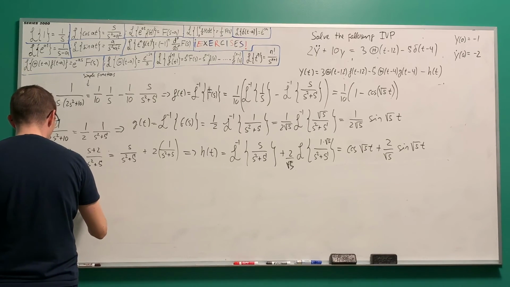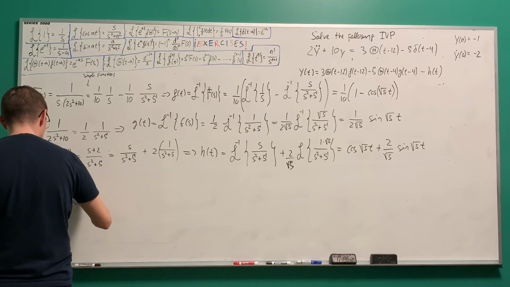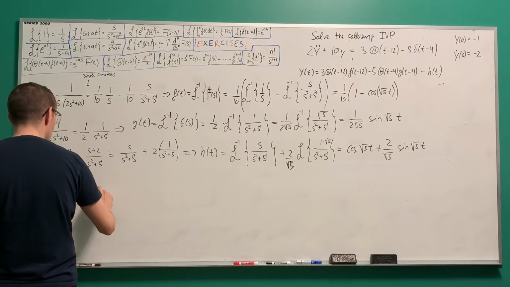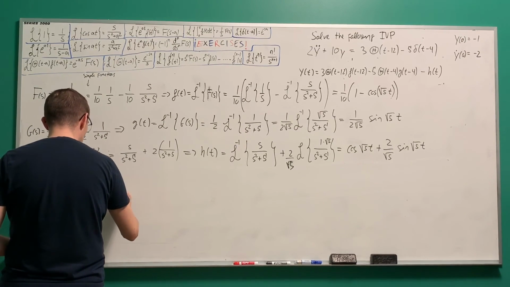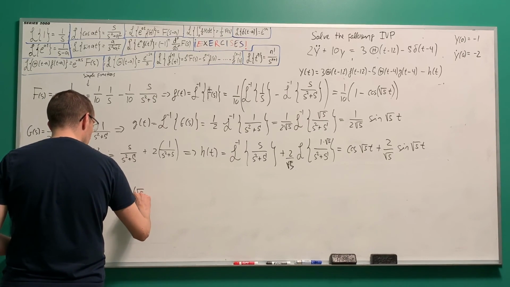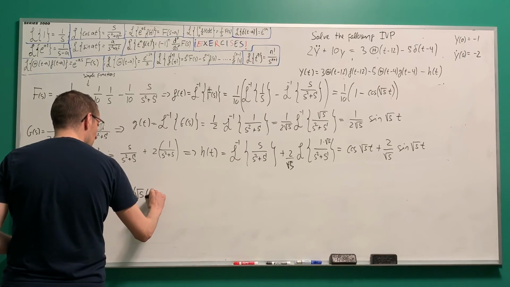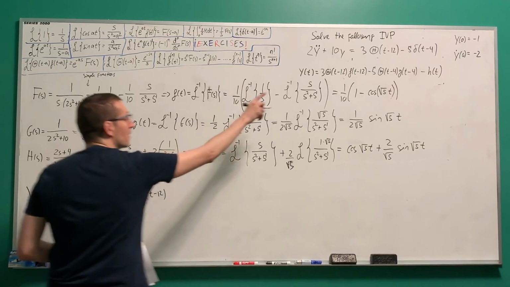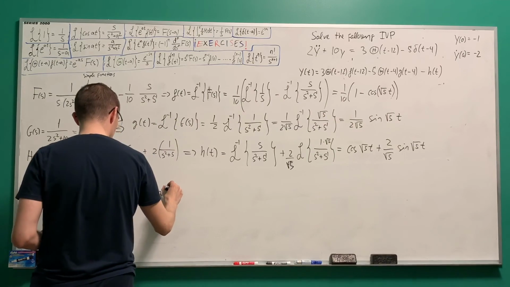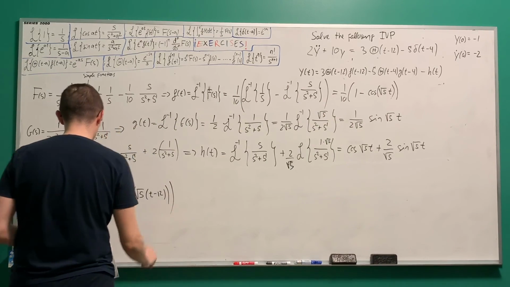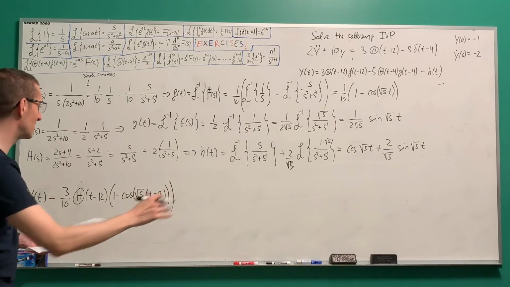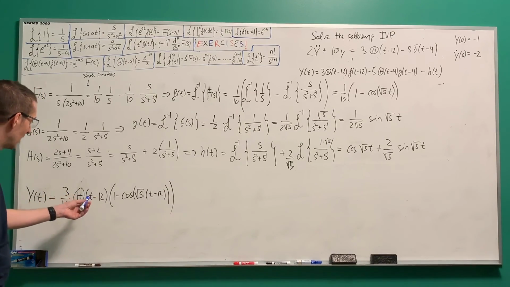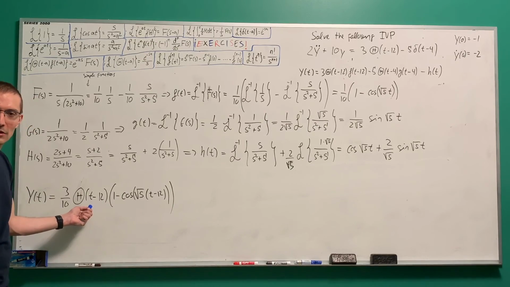And I have the Heaviside of t minus 12, and then 1 minus the cosine of √5 times (t minus 12), shifted. All right. That's the part of the solution that comes because of the application of that field that displaces the equilibrium, constant force field. And you see, it kicks in at t equals 12, not before.